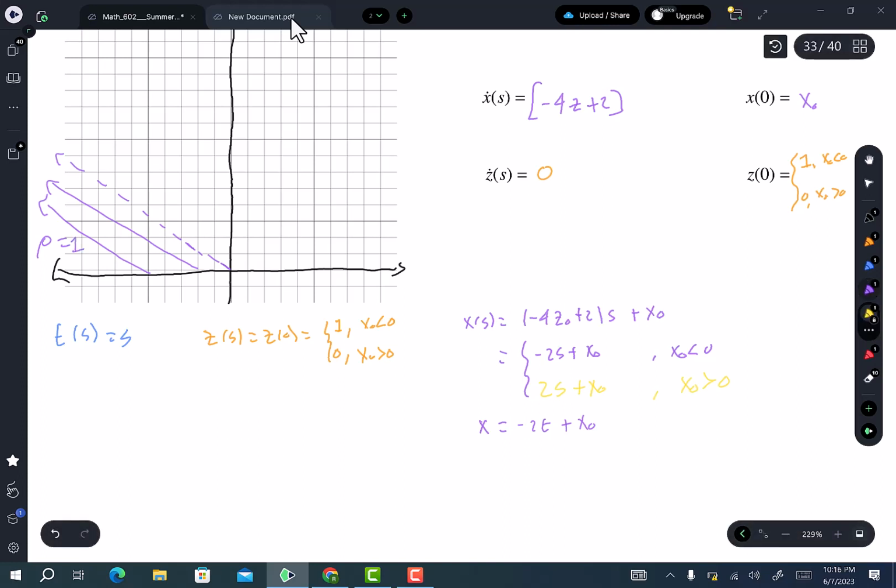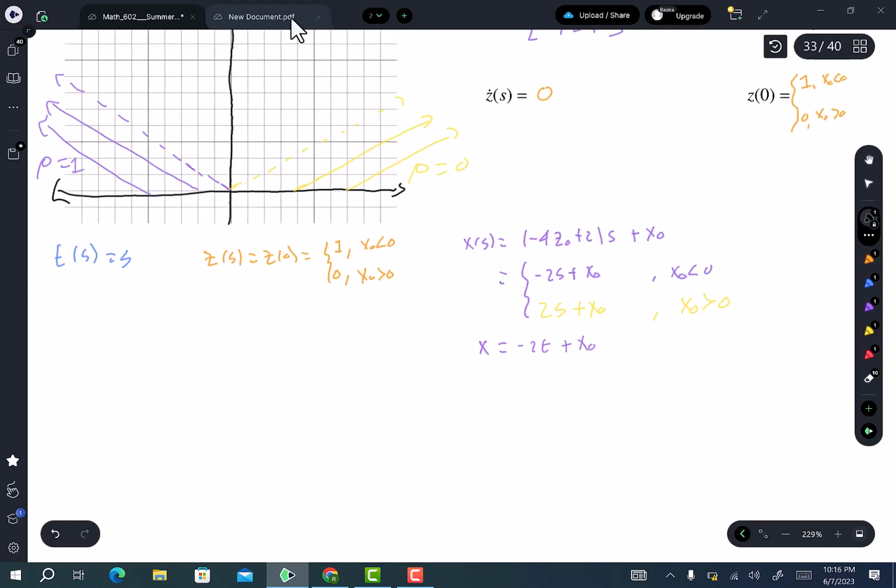The yellow characteristics are going to be over here. Again, it's for x naught greater than 0, but I'm going to draw through 0 and just do it as a dashed line. All of these are parallel, and I know that over here, rho is equal to 0. So I can start writing out my solution.